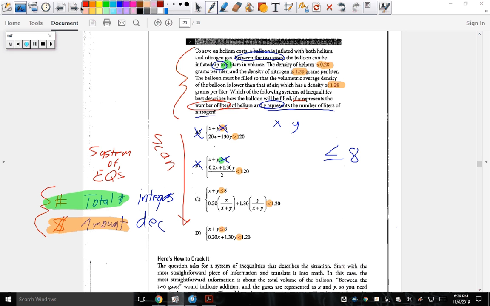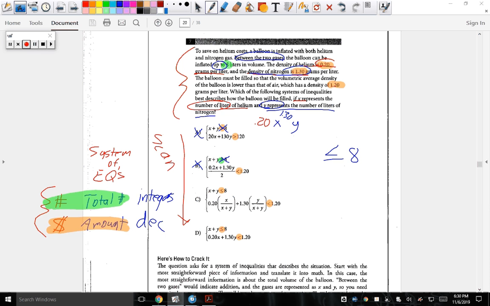Okay. So now we start going for the decimal places. Okay, so you have X, and it says the density of nitrogen. So nitrogen, remember, is blue. That's 1.30. And then you have helium is 0.20. So the 0.20 belongs with the X, and the 1.3 belongs with the Y. You're with me?